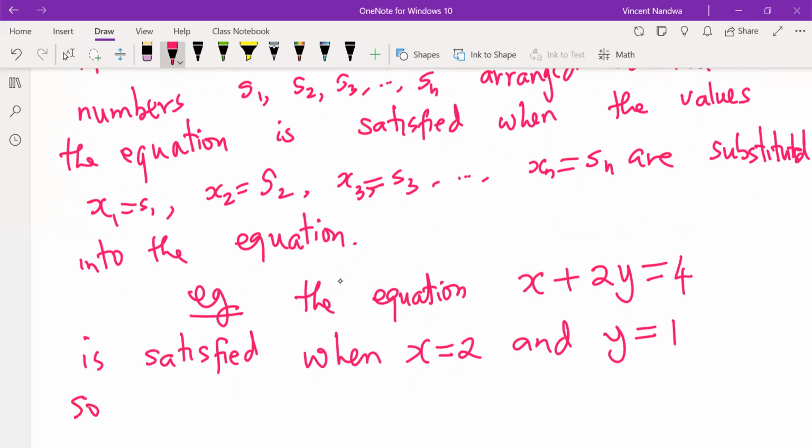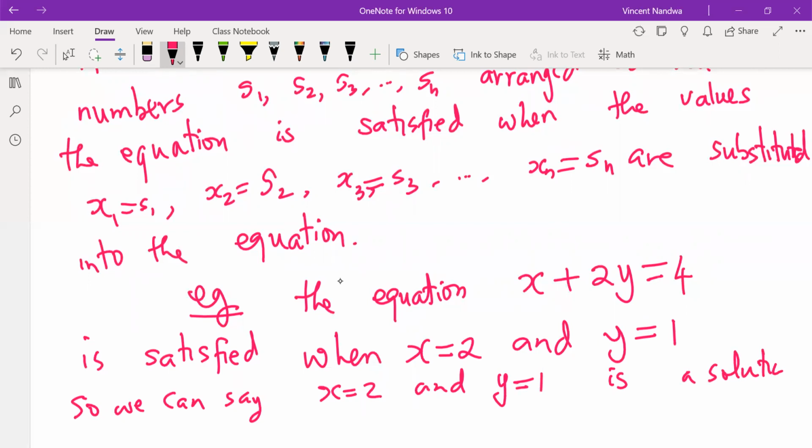So we can say x equals 2 and y equals 1 is a solution to this equation x plus 2y equals 4.